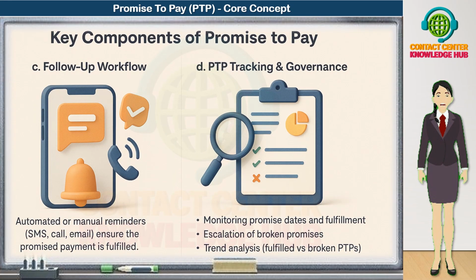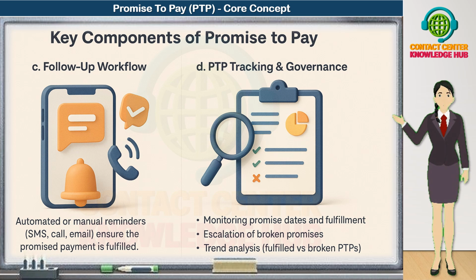Next, let's look at two more key components of promise to pay: follow-up workflow and PTP tracking and governance. First, follow-up workflow. Once a promise is secured, the work doesn't end there. Automated or manual reminders through SMS, calls, or emails play a crucial role in ensuring that the promised payment is actually fulfilled. Timely and well-structured follow-ups help reduce broken promises and increase overall recovery rates.